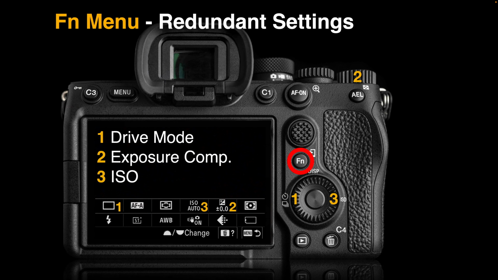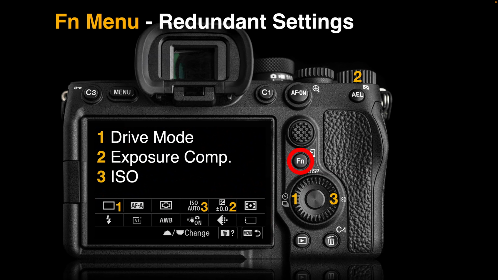Now three of the common redundant settings in nearly all of the FN menus by default, there will be more, are drive mode, exposure compensation and ISO. The reason these are redundant, you don't need them in the FN menu, is we have hard physical controls for adjusting those settings. For instance, the drive mode you can access by pressing the left side of that control wheel.